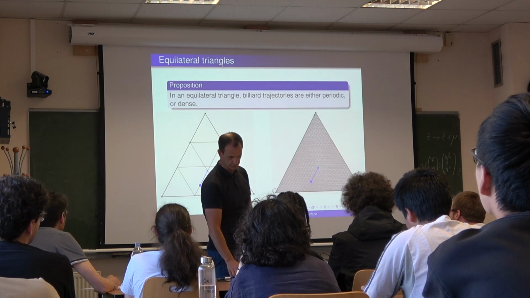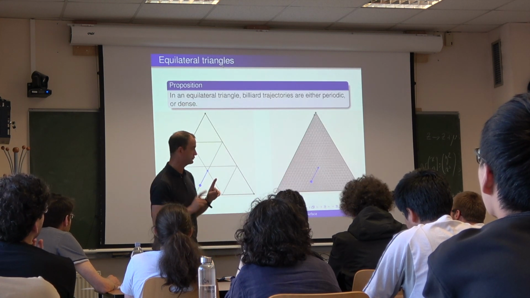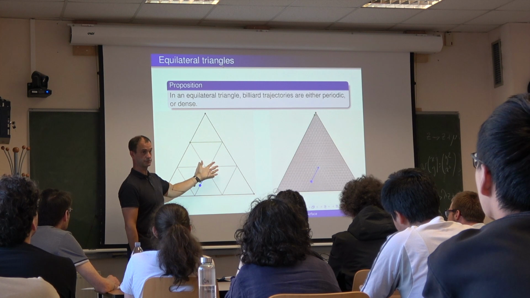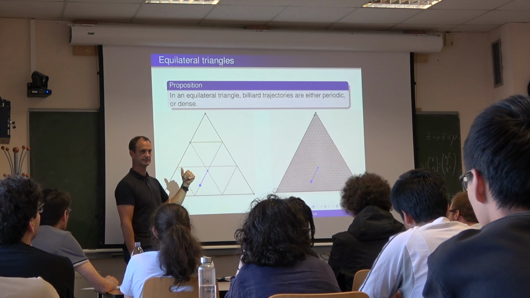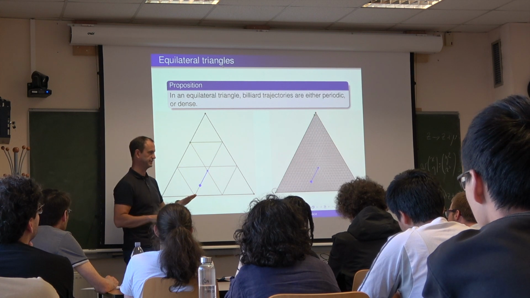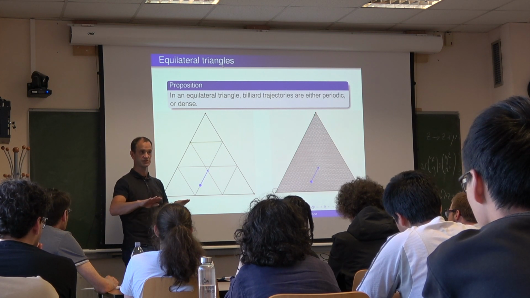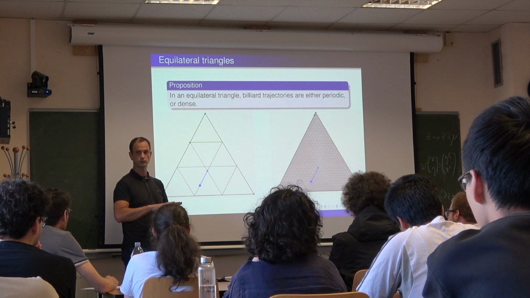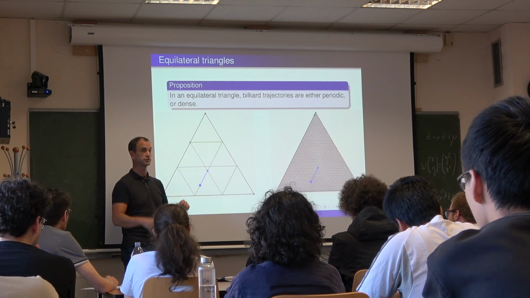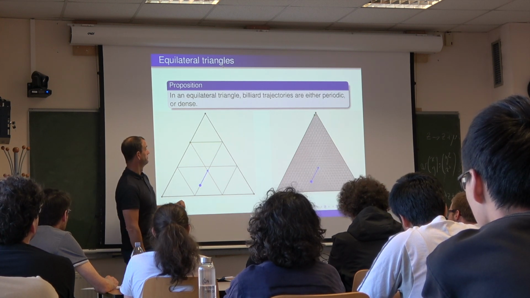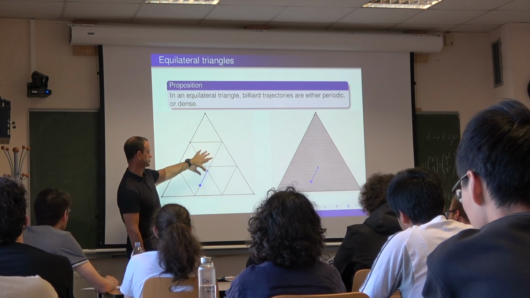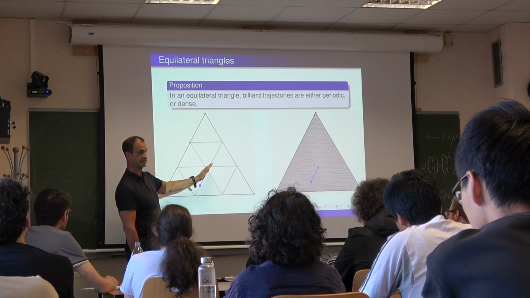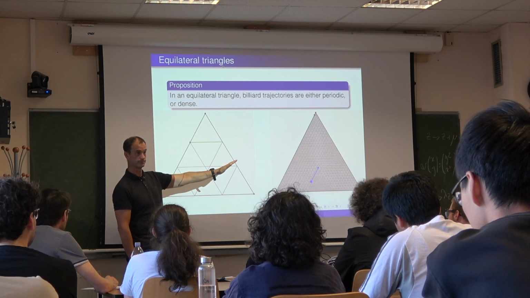So for example, billiards in equilateral triangles are a particular case of affine surface, where you glue with translations instead of gluing with arbitrary affine maps. As I already mentioned, in an equilateral triangle, the trajectories are either periodic or dense.